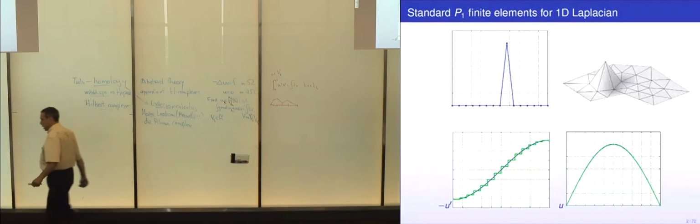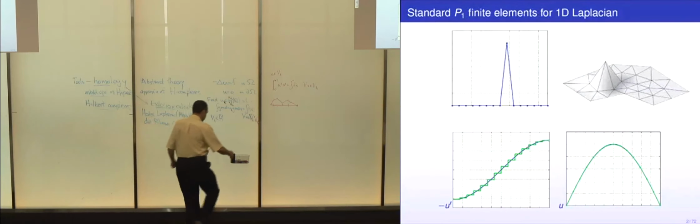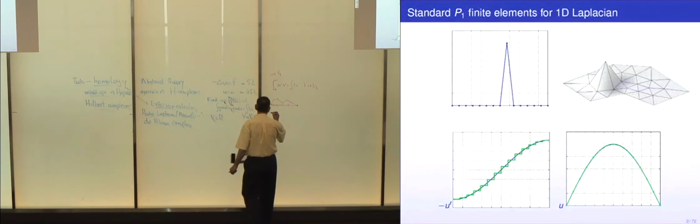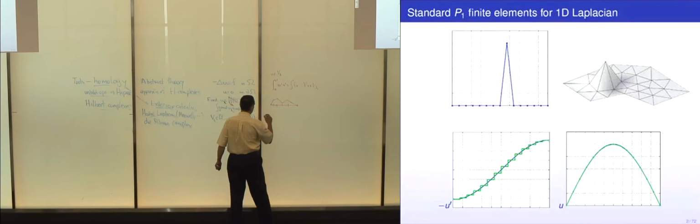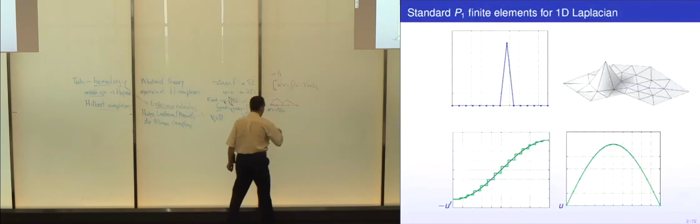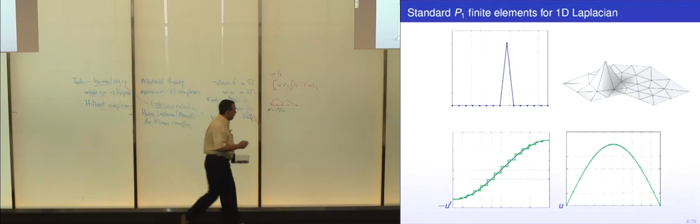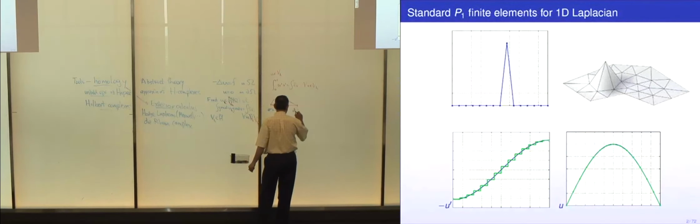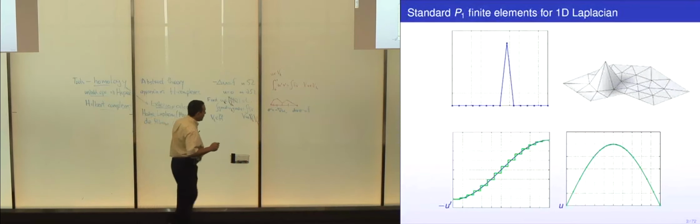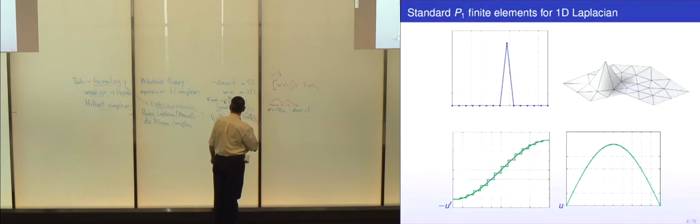So now the next thing I do is take a problem that's almost as simple. Namely, I go back to where the Laplace equation comes from, and it comes from really two equations. One is that sigma is minus grad u, you define the flux, and the other one is that the divergence of sigma is equal to f, plus the boundary conditions. And then we can write a weak formulation for this.